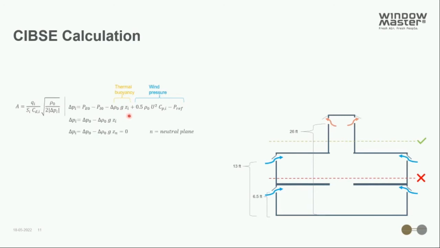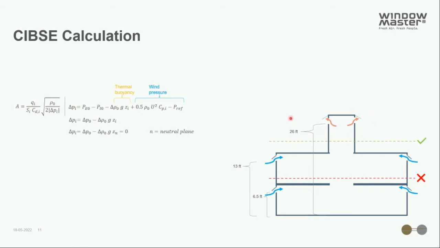Now, to calculate the pressure difference based on thermal buoyancy, we need to work with what is known as the neutral plane of the building. And this basically describes where the air is entering the building, as you can see through the facade, and where the air is exiting the building.